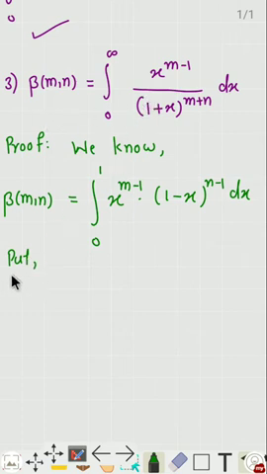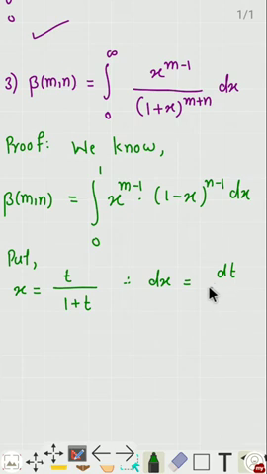We use the substitution: instead of x we put t upon 1 plus t. Therefore dx will be dt upon (1 plus t) whole square.